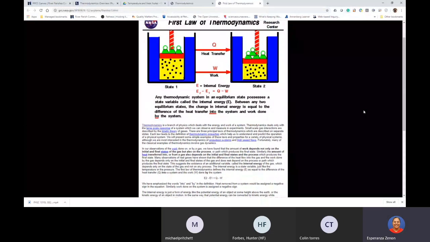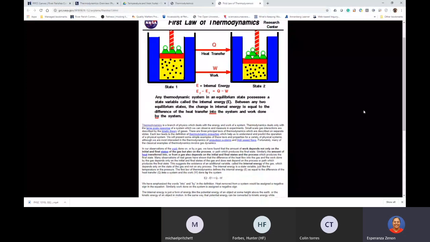And if we look at going from one equilibrium state, remember equilibrium means balance, right? So if we go from one balanced state to another, we're going to change the internal energy of our system. That makes sense. If you're making some type of change in your system, going from one state to another, the inside of your system is going to change. Now, we don't need to know what happened to make it change.